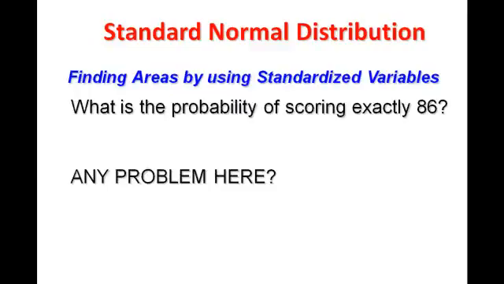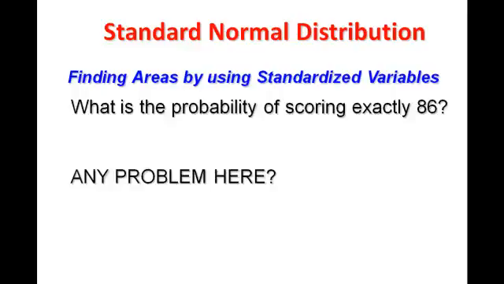Here's another question, and we're relating back to John again. What is the probability of scoring exactly 86? There's a problem here. The problem is that 86 is a discrete value, meaning it's countable.